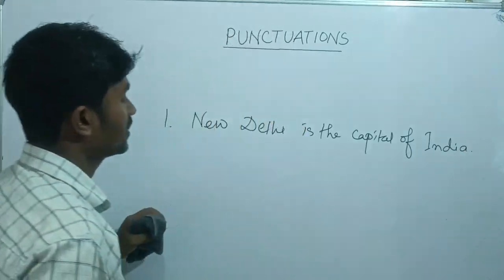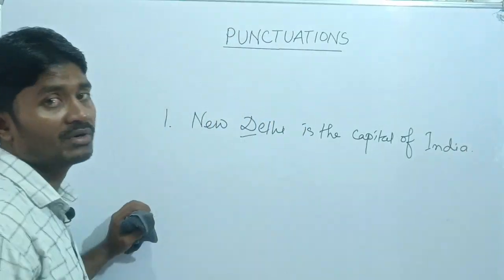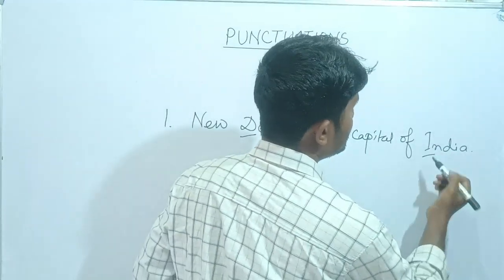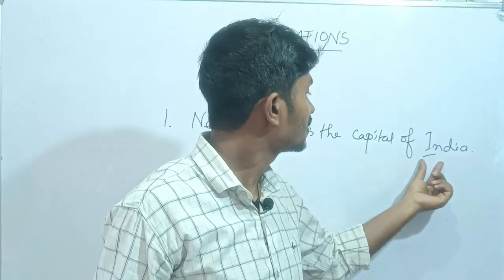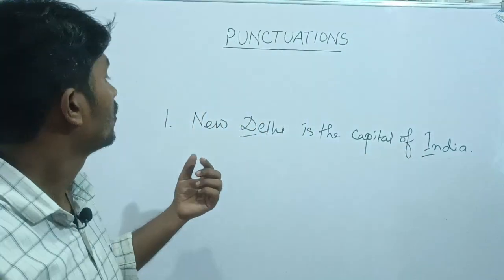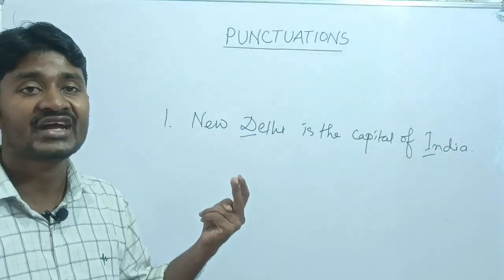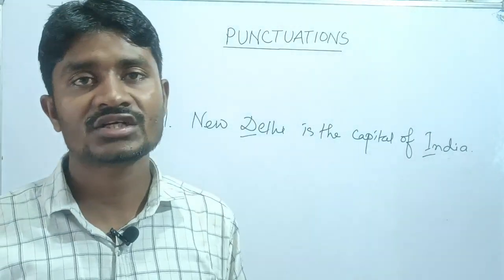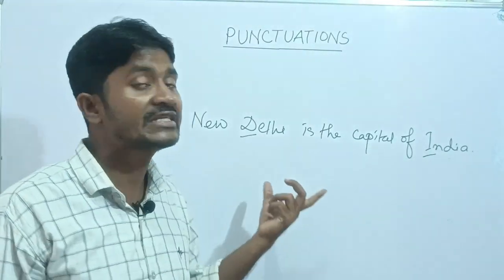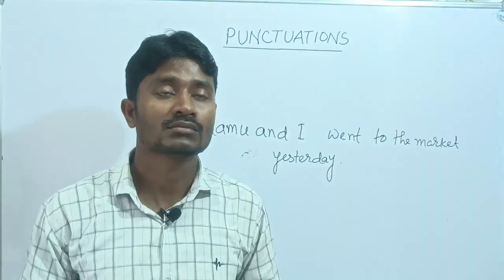So you can see that in Delhi, the D should be capital, and India, I wrote here in capital letters. So we should remember that all proper nouns begin with capital letters even if they are in the middle of the sentence.